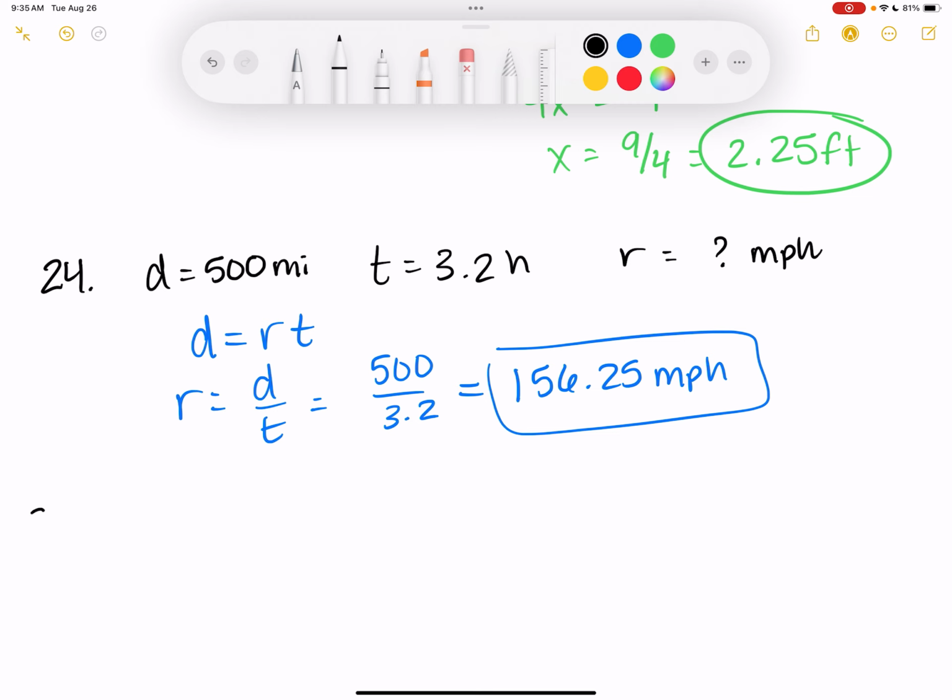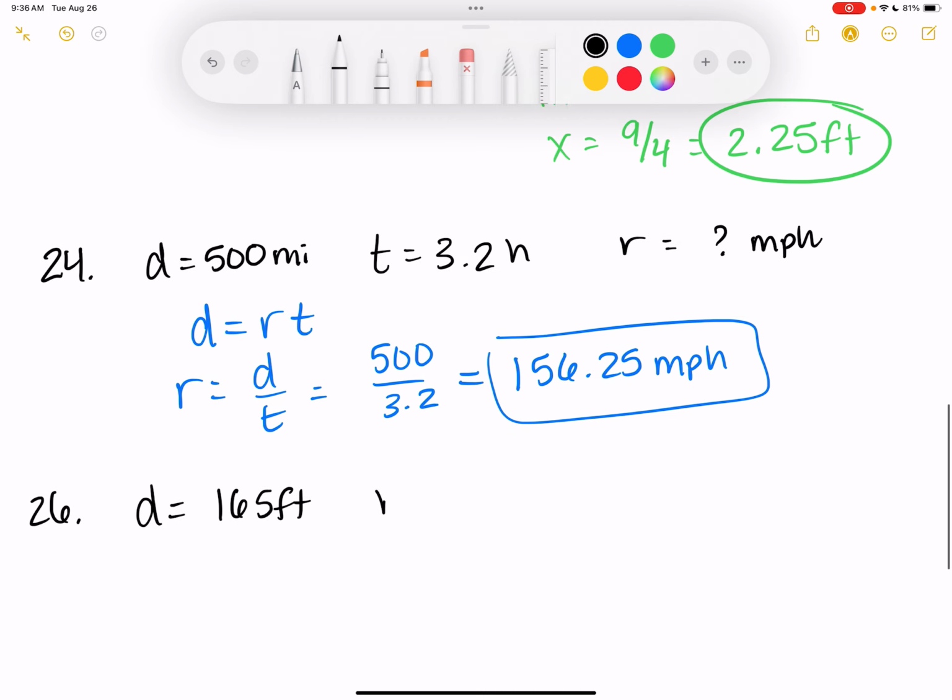Scuba diving, 26. A scuba diver is returning to the surface from a depth of 165 feet. So that's his distance. The safe ascent rate for a diver is 30 feet per minute. So the rate is 30 feet per minute.